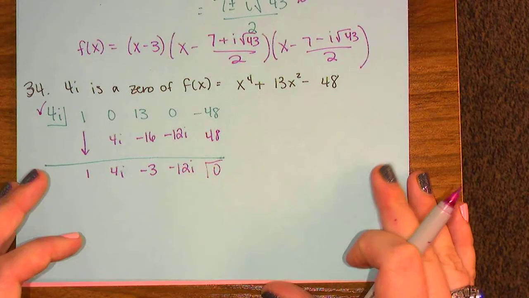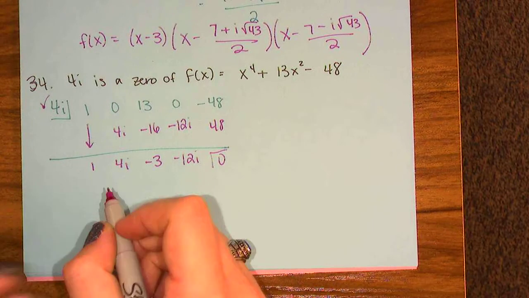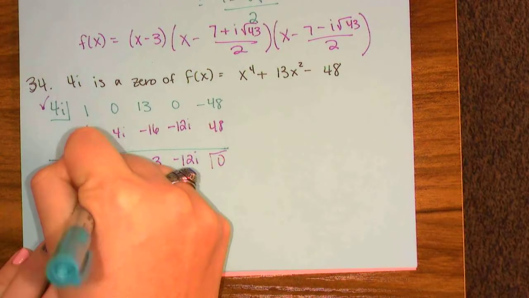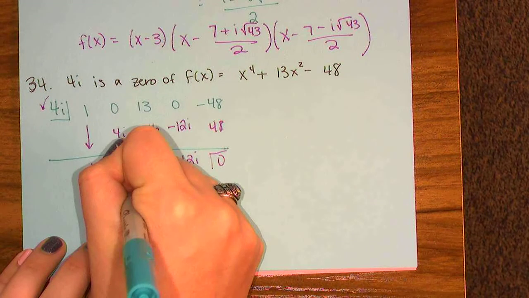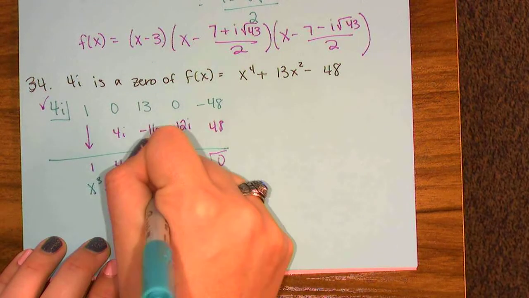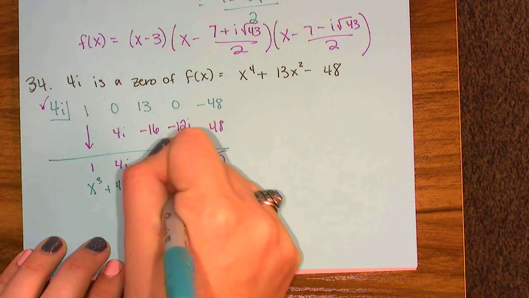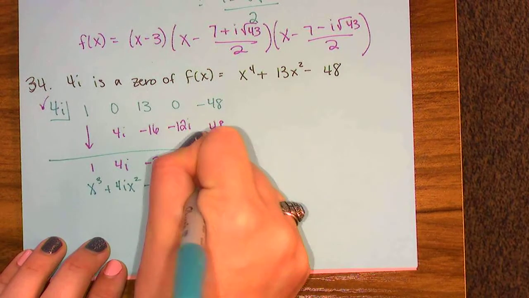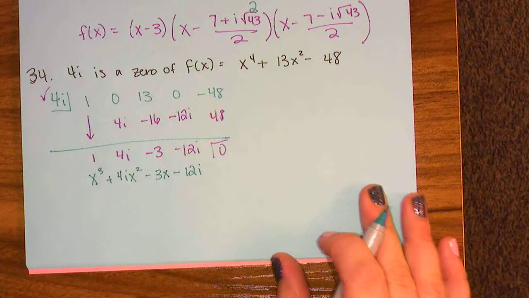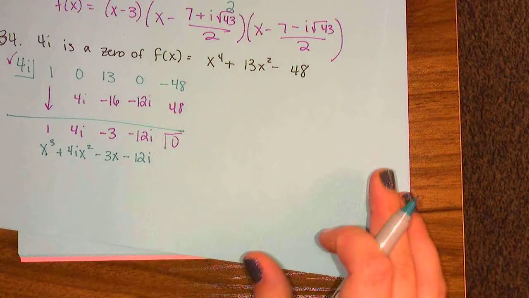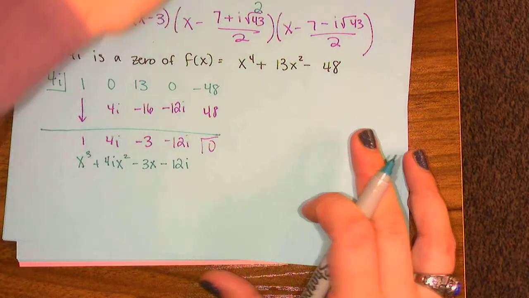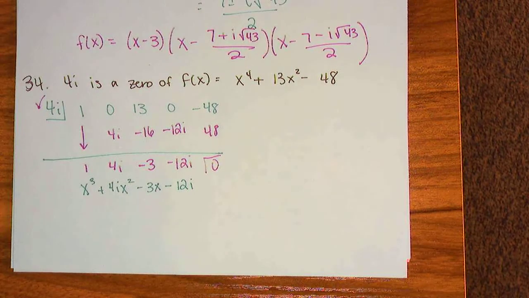So now I'm left with, down here, x cubed plus 4i x squared minus 3x minus 12i. Okay, so I need to figure out some other, basically, factors here.